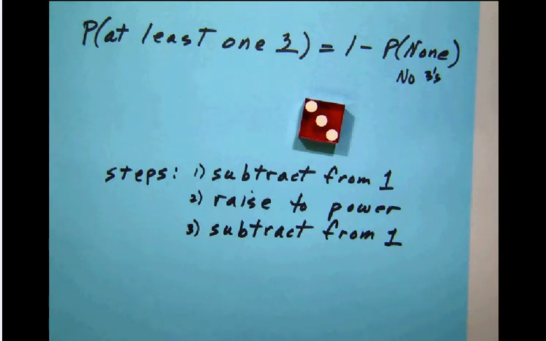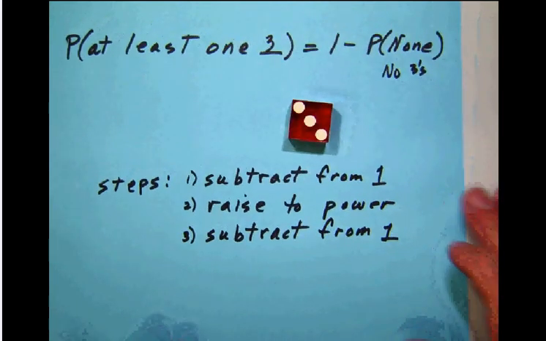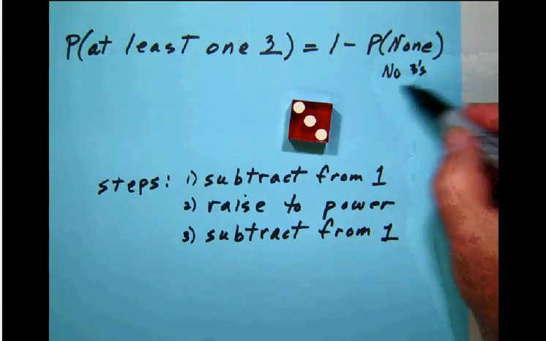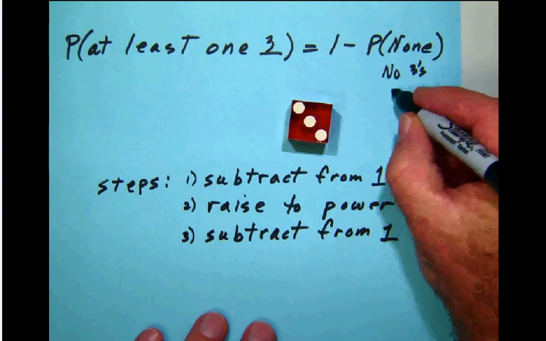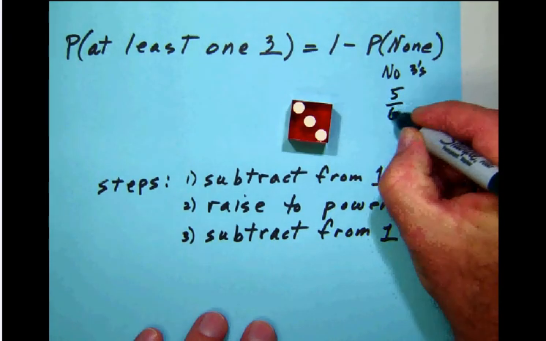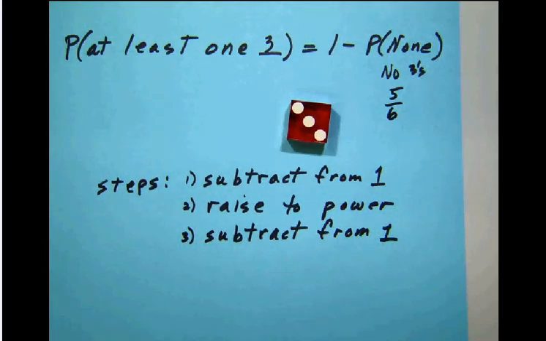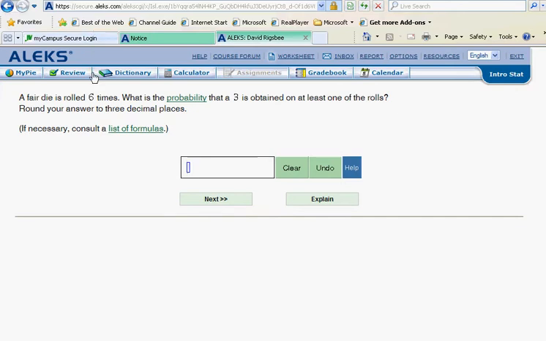What we're interested in here is really not getting a 3. And so the chance of not getting a 3 is going to be 5 out of 6. Now we're going to repeat that because we're going to roll the die again and again. In fact, it tells us over here that we're going to roll the fair die 6 times.